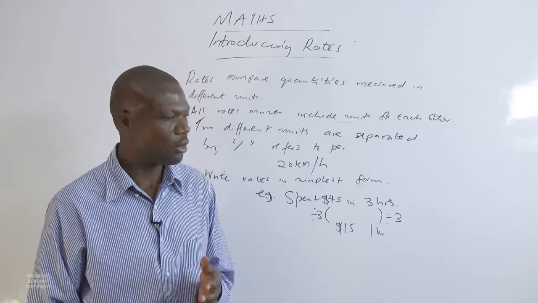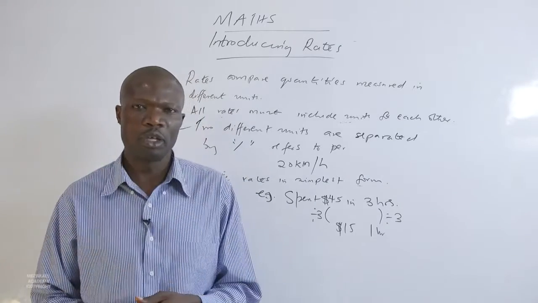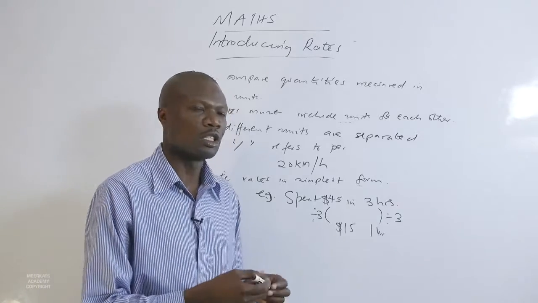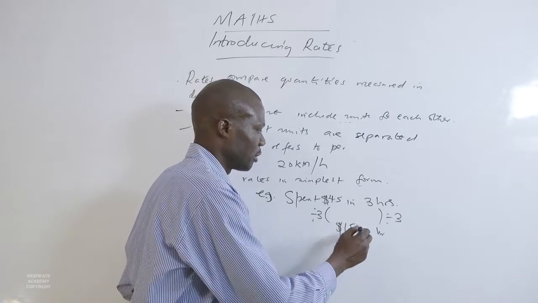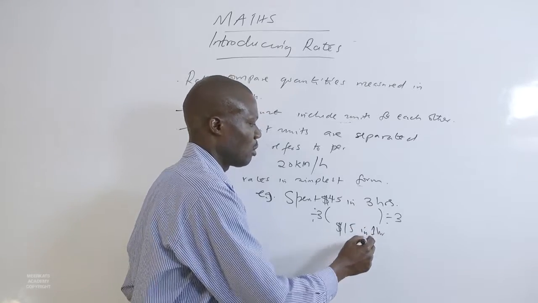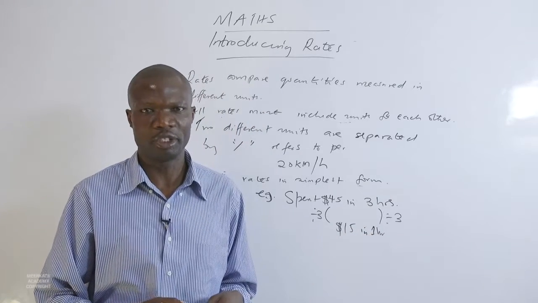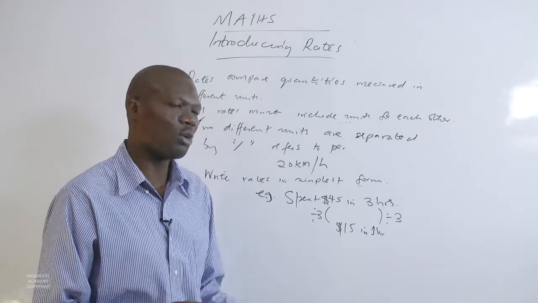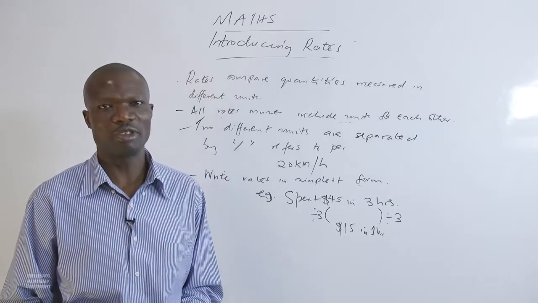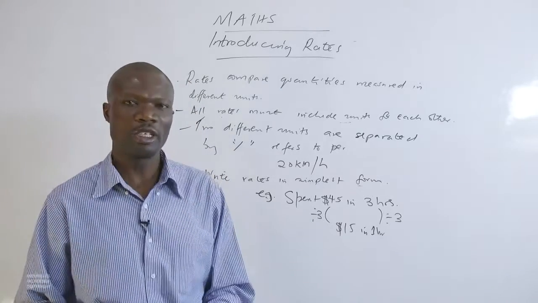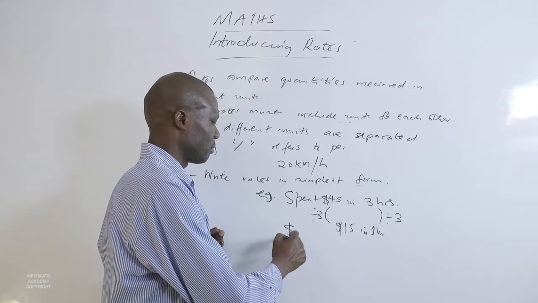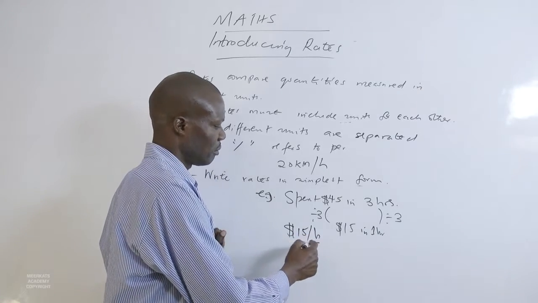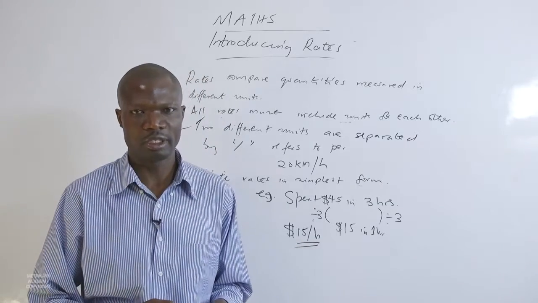So therefore, we can conclude that this expenditure would be reduced to $15 in 1 hour. And because it is 1, we can simply say it is equivalent to $15 per hour.